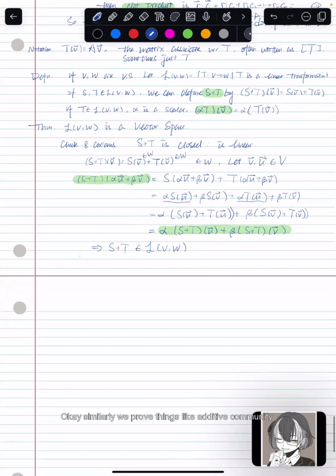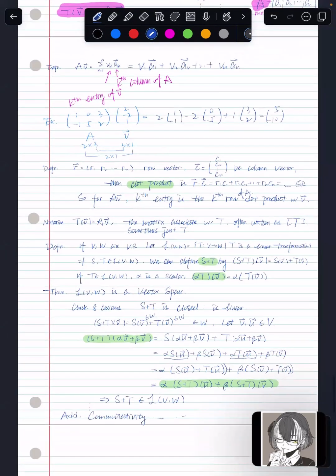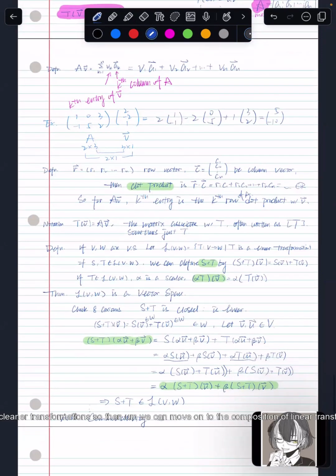Okay, similarly, we prove things like additive commutativity, and distributivity, the associativity and stuff. Okay, this is everything for the basic linear transformations.